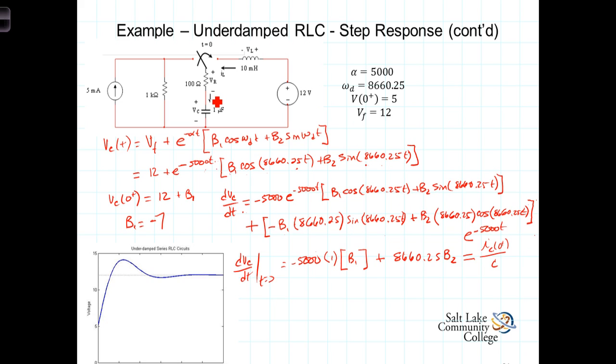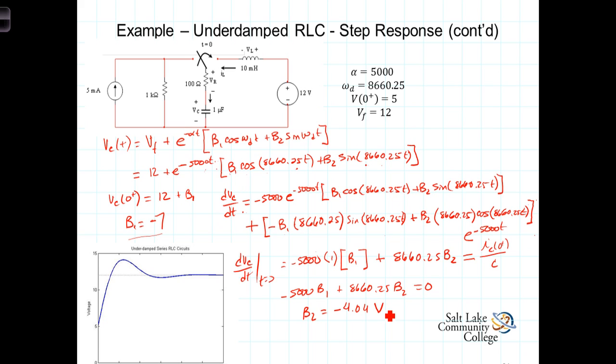Therefore, this term right here, the negative 5000 b1 plus the 8660.25 b2, must equal 0. Now we've got b1 equaling negative 7. When we plug b1 equals negative 7 into here and solve for b2, we get that b2 is equal to a negative 4.04. And the units on b are volts.